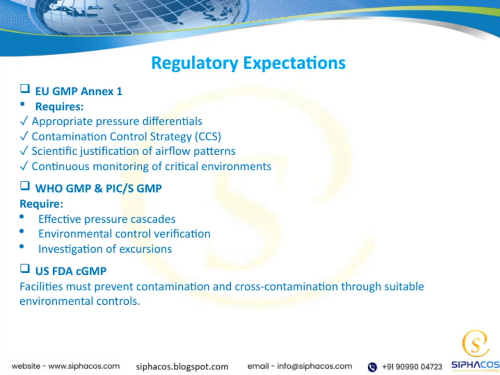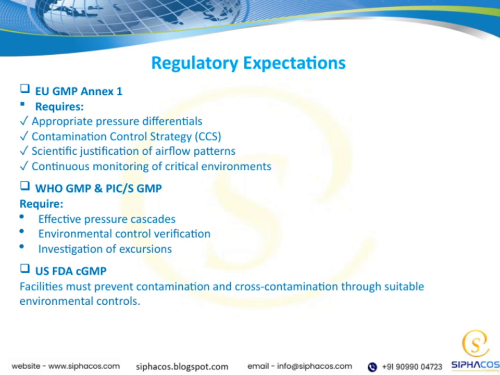When it comes to regulatory expectations, there are some key requirements we need to keep front and center. The EU's GMP Annex 1 calls for appropriate pressure differentials and a solid contamination control strategy. It also demands scientific justification for airflow patterns and continuous monitoring of critical environments.